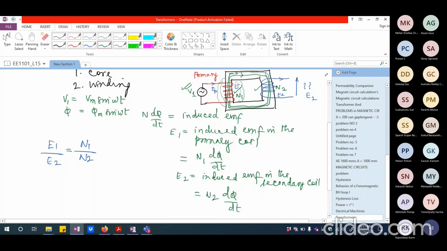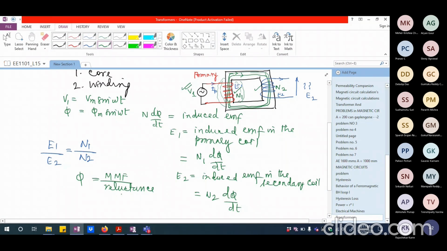So this V1 is an alternating voltage I have applied to the primary. Because of the current that is flowing, you are going to have a large amount of flux established. Why do I say a large amount of flux? Because the flux is MMF divided by reluctance.